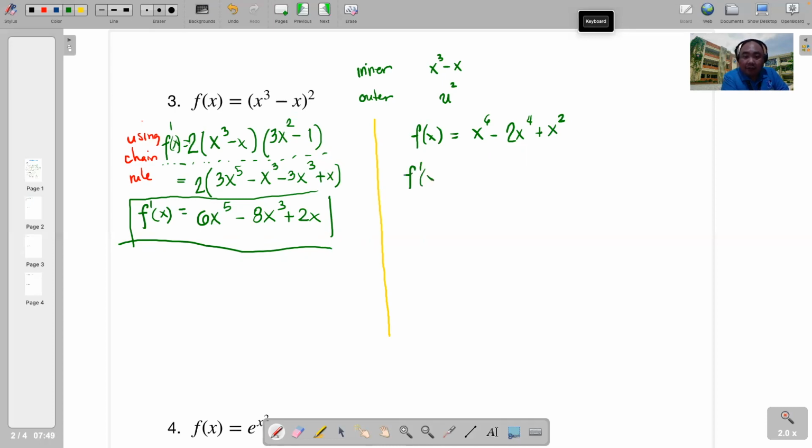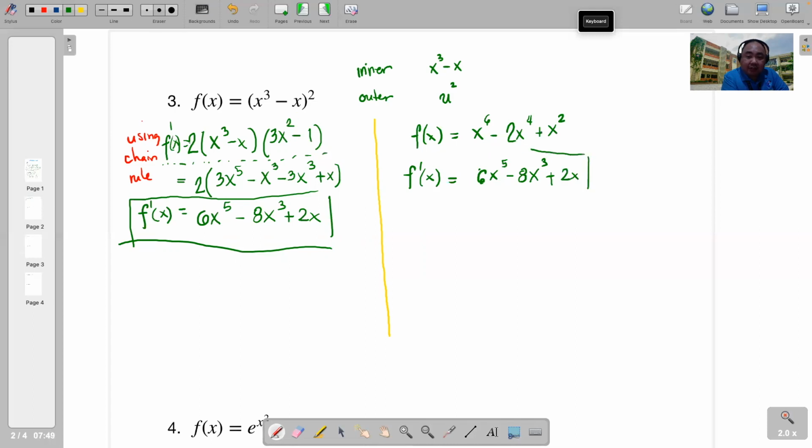Before you get the derivative, because this one you can use the old differentiation rules that you know, the sum rule, the difference rule, and the power rule. So correctly, this is 6x to the fifth minus 8x cubed plus 2x.